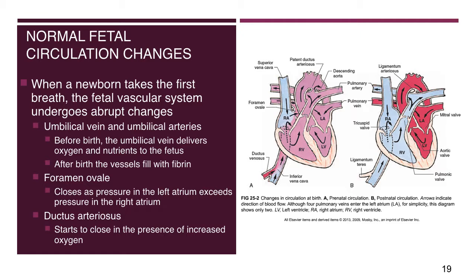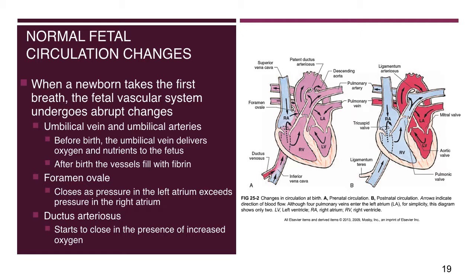Also, you'll notice that the foramen ovale is open because the blood does not need to go to the lungs at the levels that it does after the child is born. And we also have the patent ductus arteriosus as well.